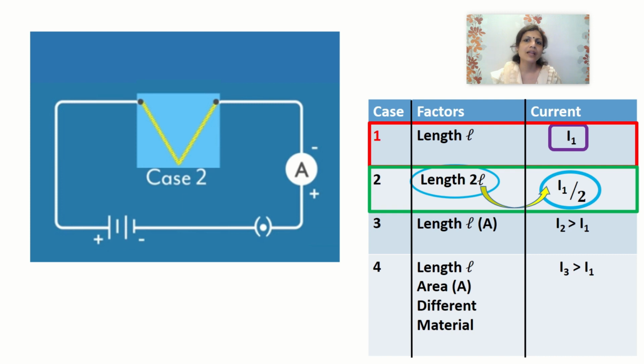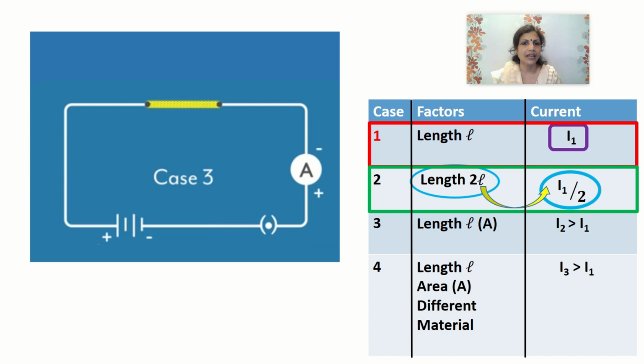Alright, now we will consider case 3. In this case, we are putting a wire of more cross-sectional area. The length of the wire will remain the same, that is L, but we are taking a wire which is thicker.